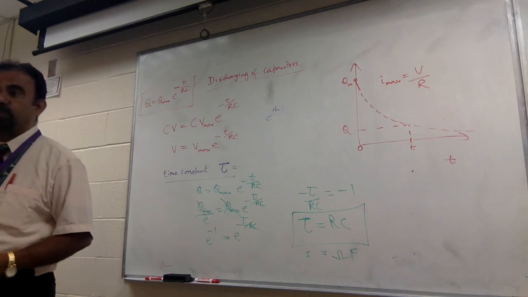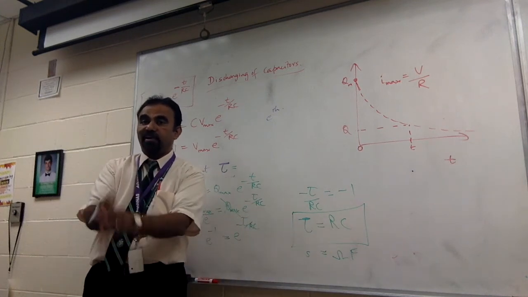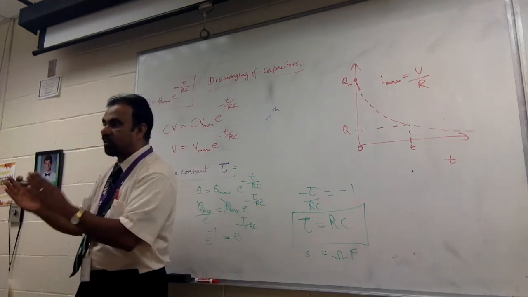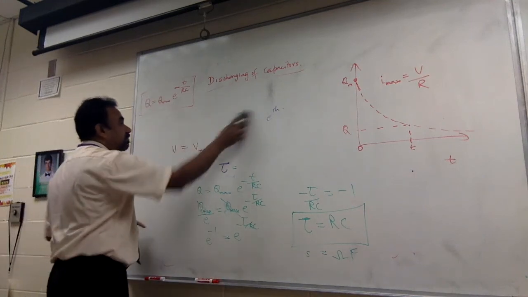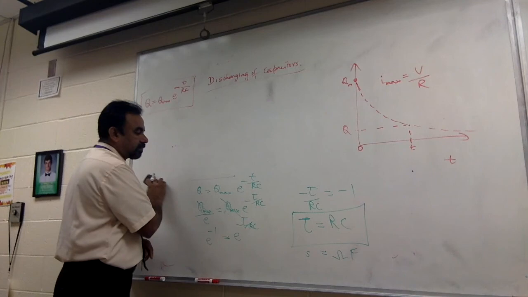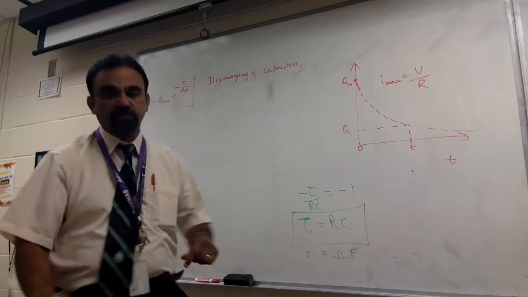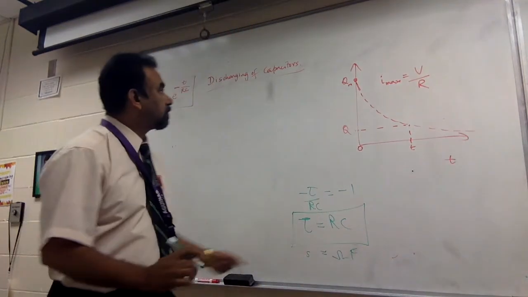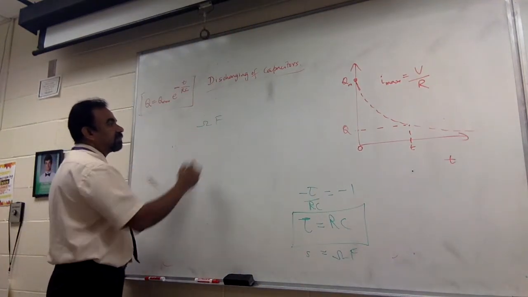Now, if you want to know why it comes out as seconds, break down ohms and farad to the basic units, and you'll see how it comes down to seconds. I'll show you that right now. So, ohms times farad.